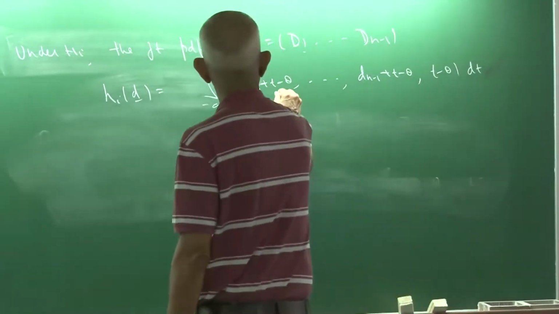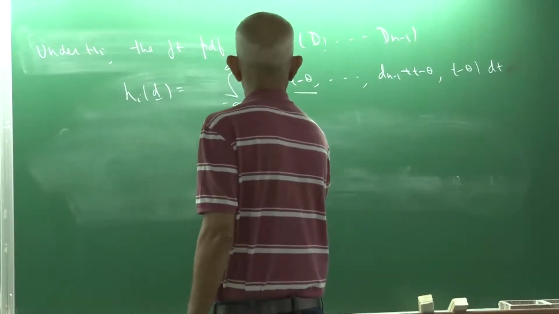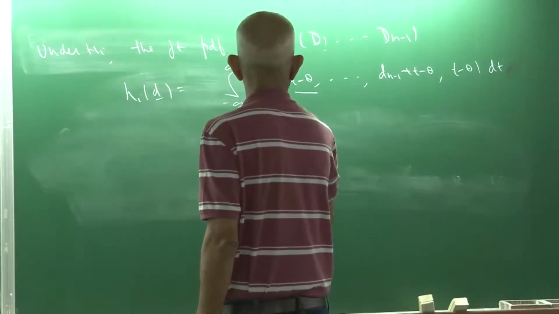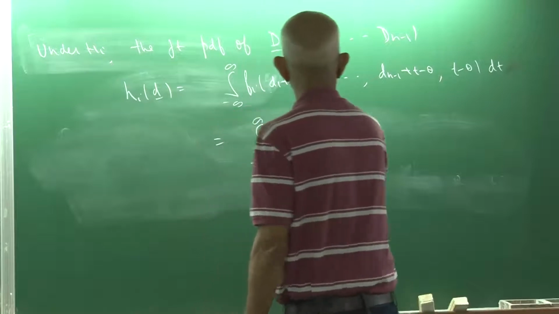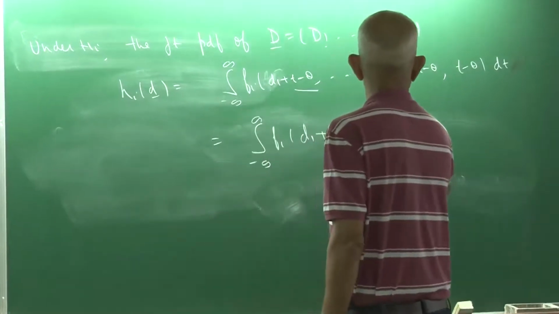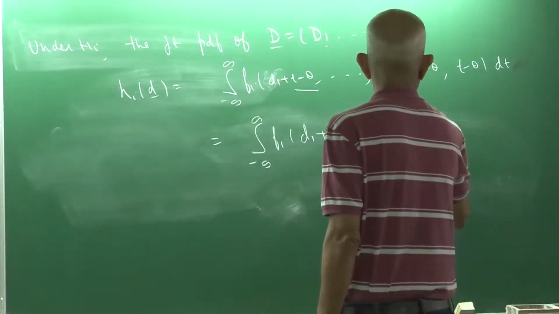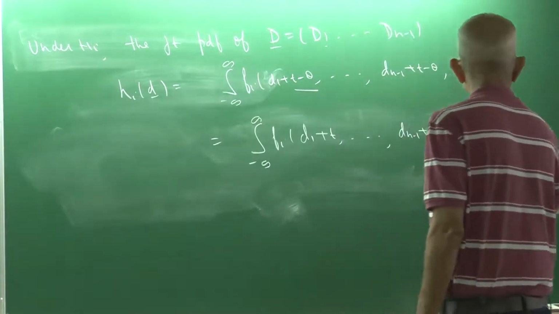Now I can put t minus theta as something. It becomes fi of d1 plus t, d(n-1) plus t, t dt.